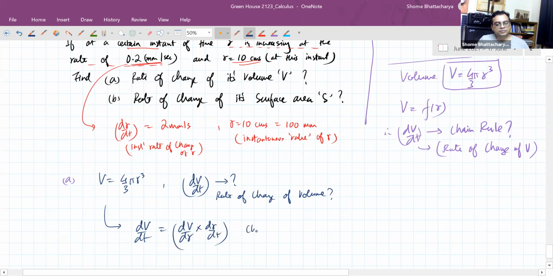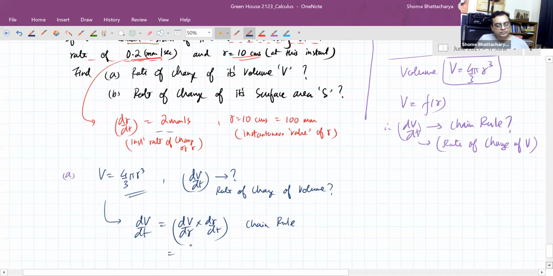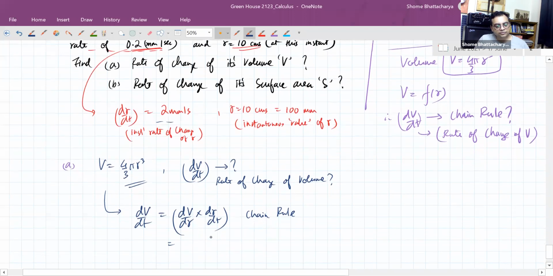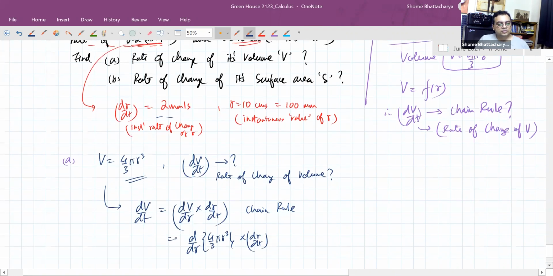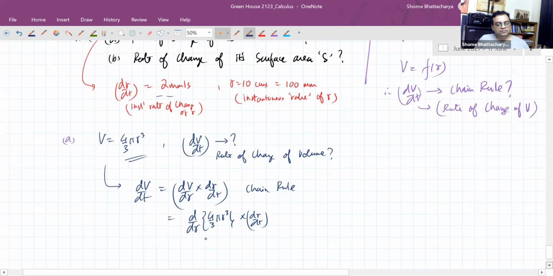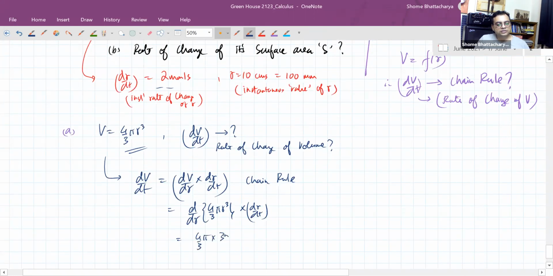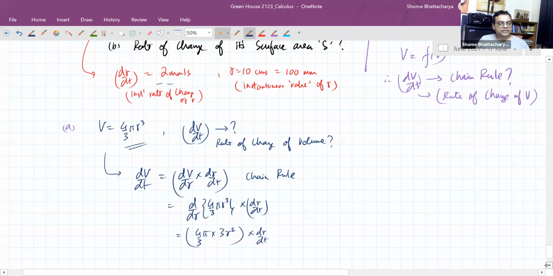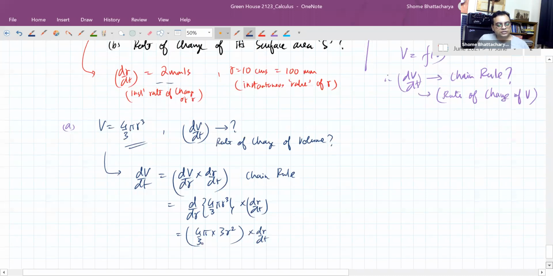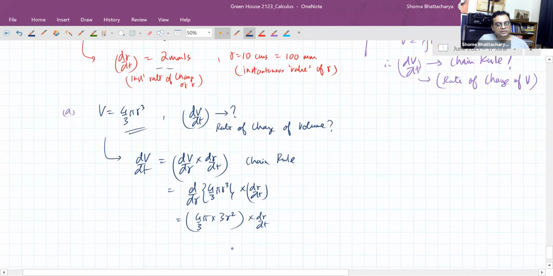So this is the chain rule application, because volume depends on radius, and radius is changing with time. So this is going to be the differentiation of this expression 4 by 3 pi r cube into dr by dt. So 4 by 3 pi is a constant. Differentiation of r cube is 3r square into dr by dt. So we get an expression that the rate of change of volume is 4 pi r square into dr by dt.